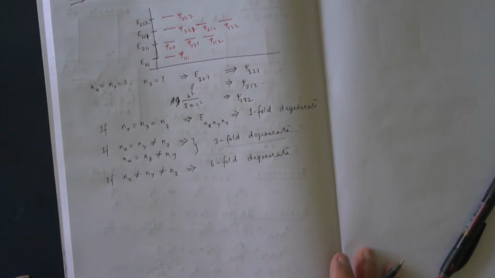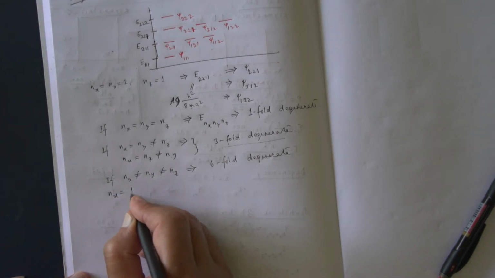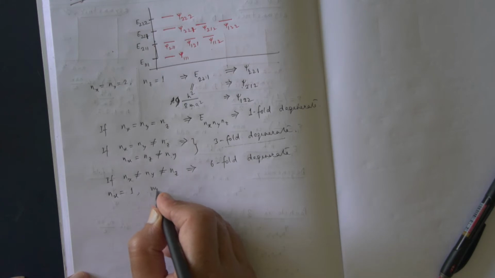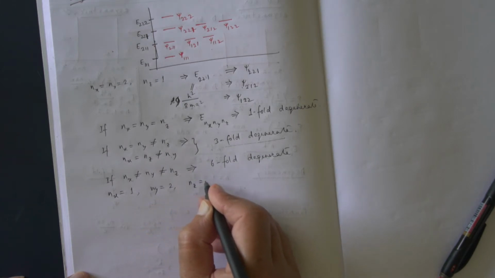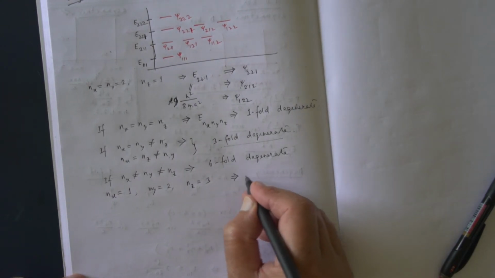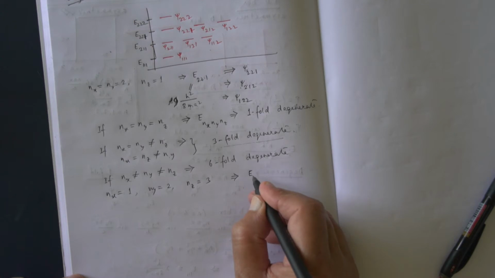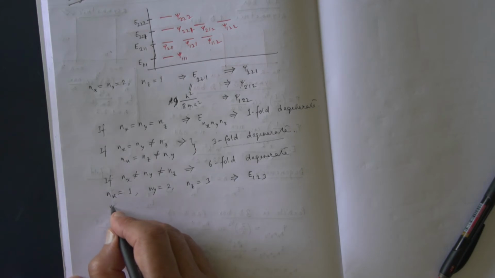Let us take an example. Say suppose nx equal to 1, ny equal to 2, and nz equal to 3. So we will have one energy value E123, but how many wave functions will we get?